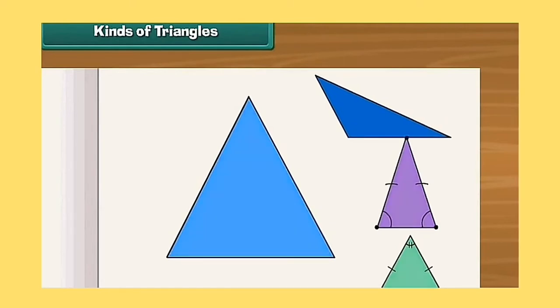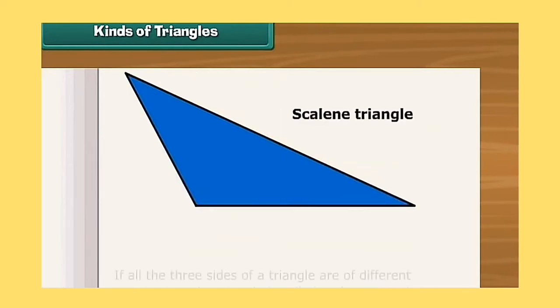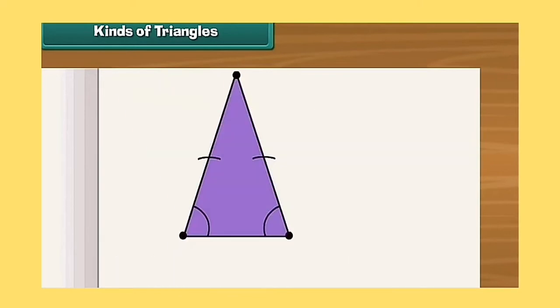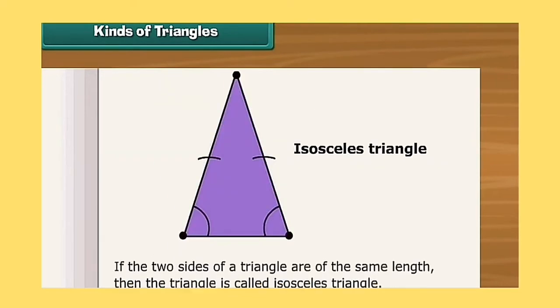Let us see what a scalene triangle is. A scalene triangle has all three sides of different length. One side may be 7 centimeters, another 6 centimeters, and another 4 centimeters. All the sides are of different measures, and such a triangle is a scalene triangle.